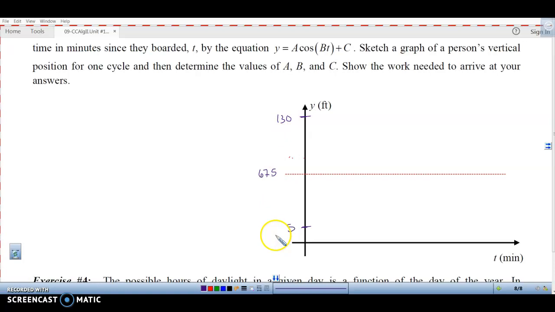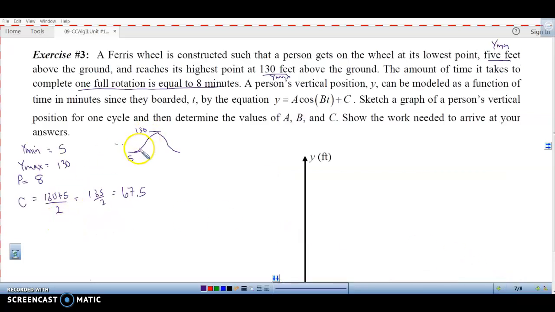Now I know my midline is there. My amplitude is going to be the distance from the midline to either the max or the minimum.